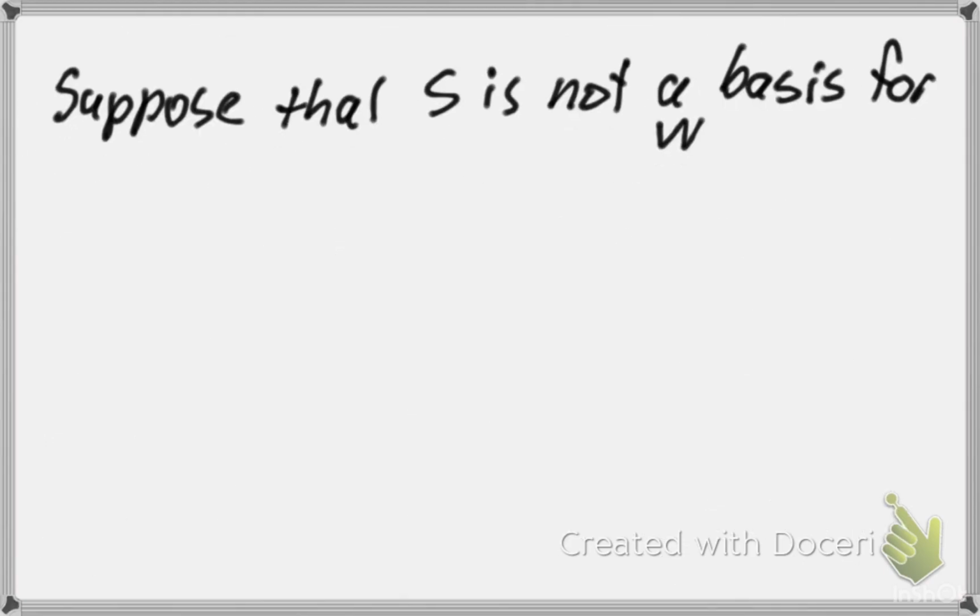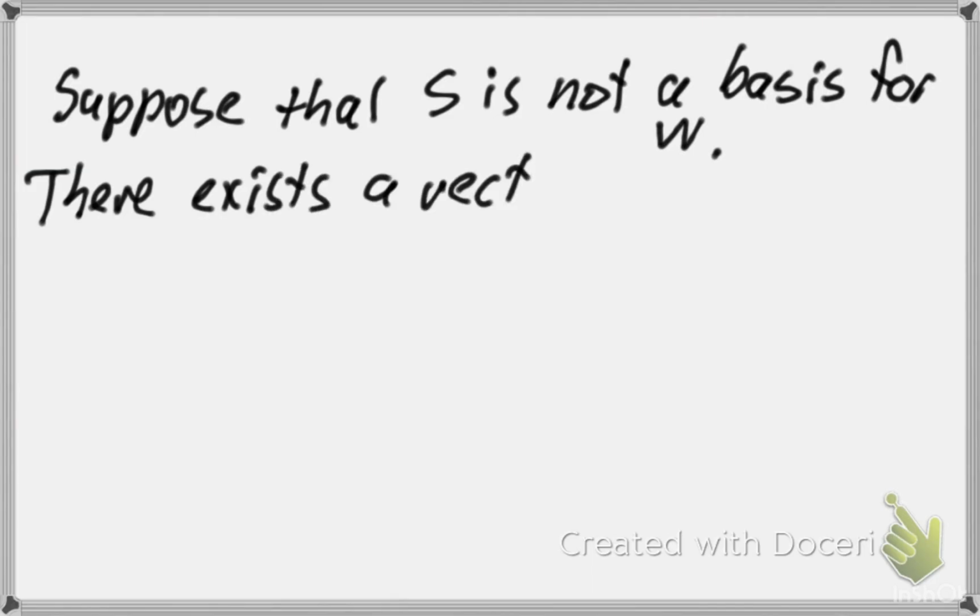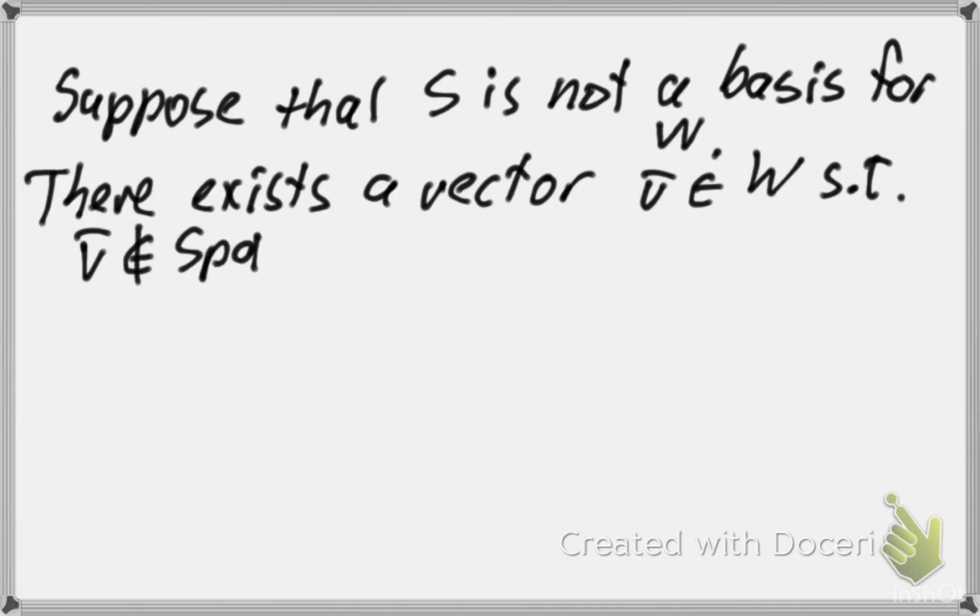So if we suppose this and move on to the next slide, then we get here. There exists a vector V in W such that V is not in the span of S. Now, what does the plus minus theorem tell me?